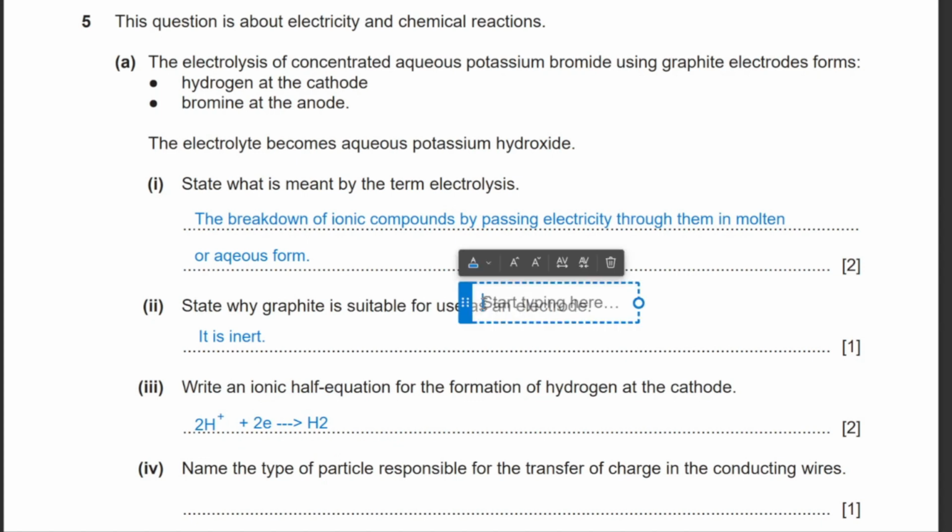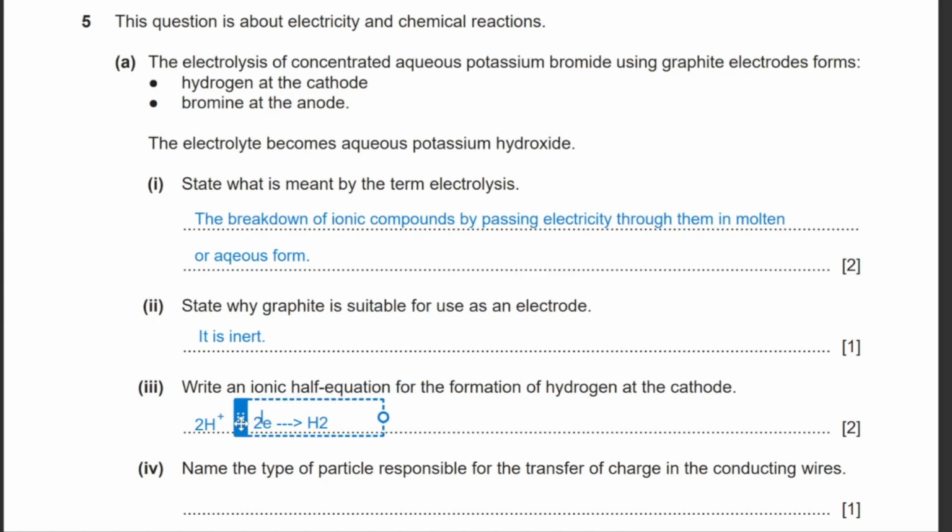So basically it's just the hydrogen ion forming hydrogen gas after a reaction at the cathode.